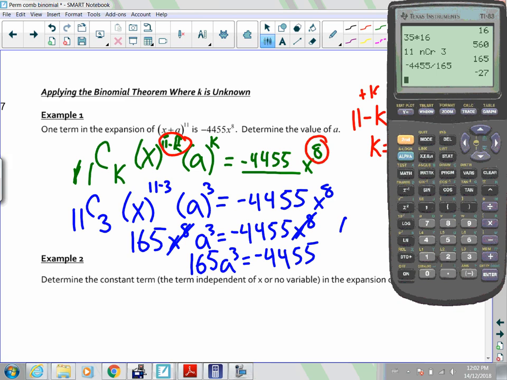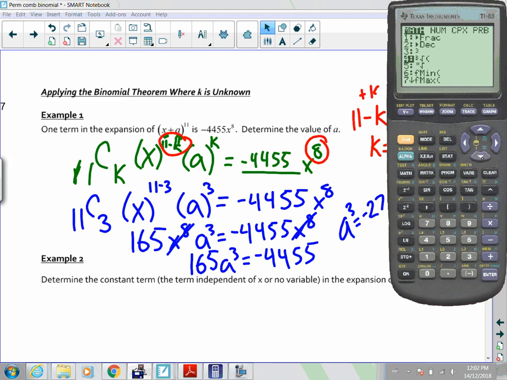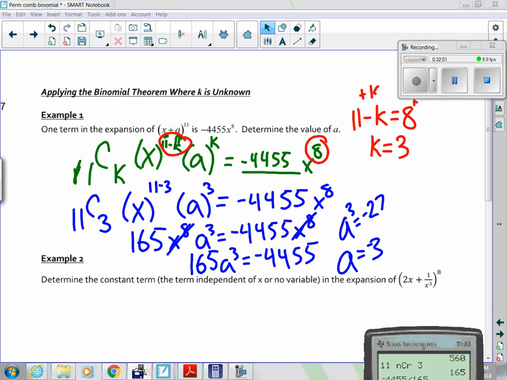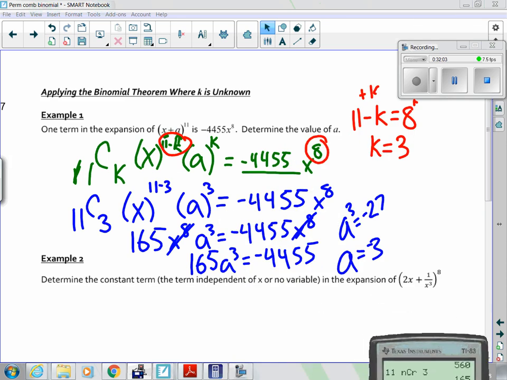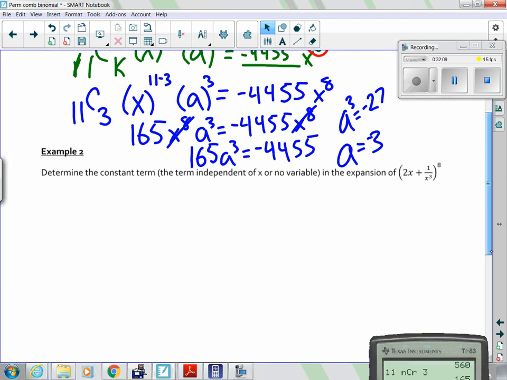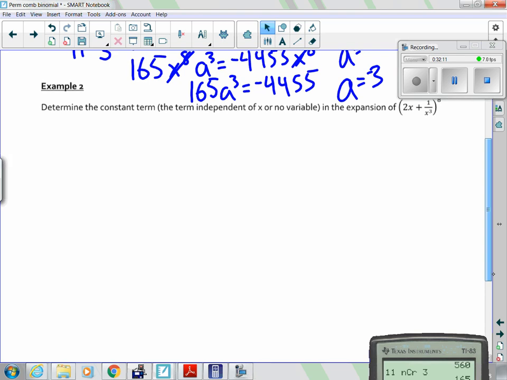So a cubed equals negative 27. Cube root that, math, cube root of negative 27, and I get my negative 3. Remember, if this is an even power, okay, this was 4 or 6 or 8 or 2, you'd have to have a plus minus. You'd have 2 possible values. If it's odd, then it has to match the sign.